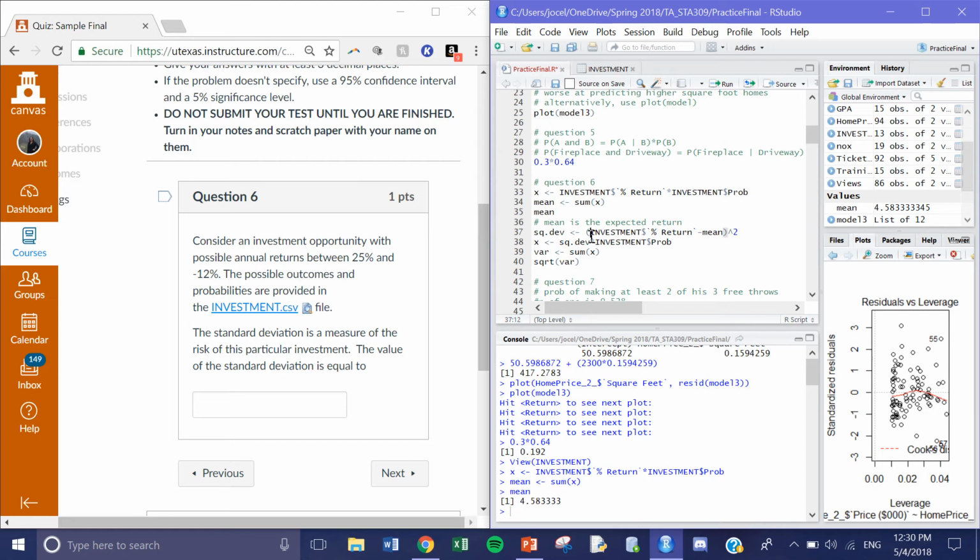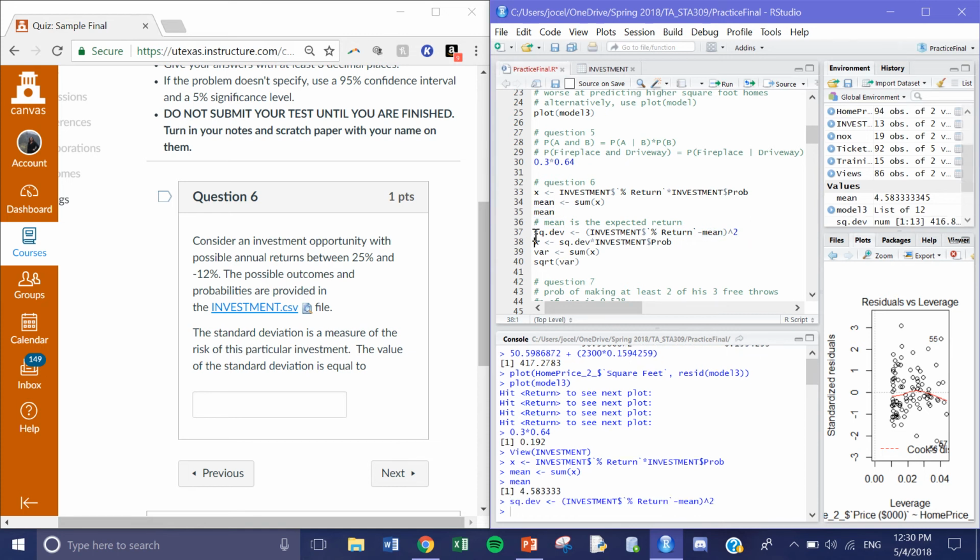Now we need to calculate the standard deviation, because that's what this question is asking for. I'm going to make a vector of the squared deviations, which is each return minus the mean I just found, squared. Then I multiply all of those squared deviations by their probabilities because they're weighted differently. That's the core part of this.